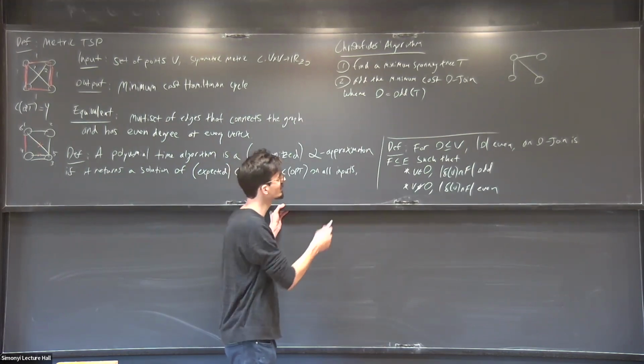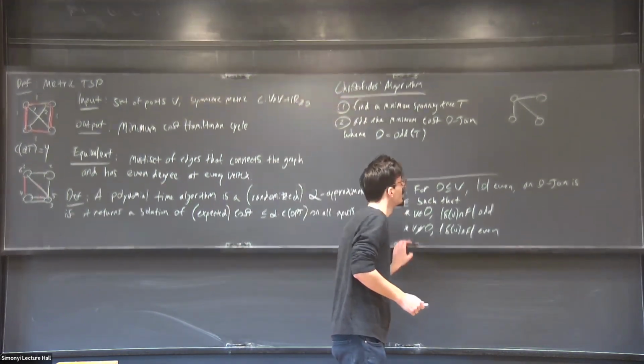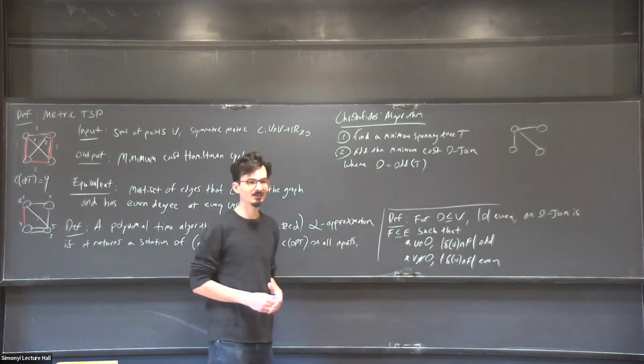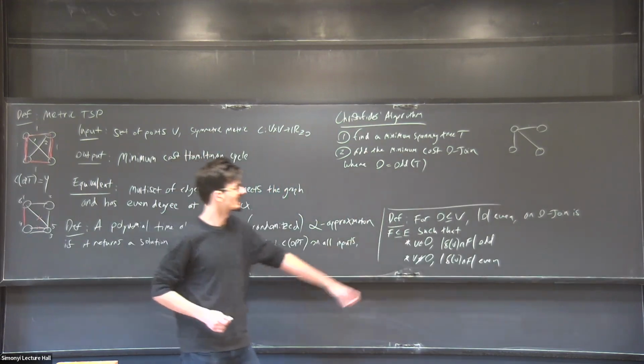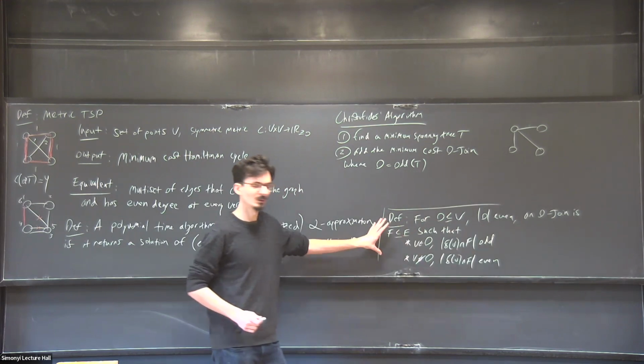And this can be computed in polynomial time. Actually, one way to do it is to find the minimum cost perfect matching between the set of vertices in O. But actually, this is a little bit more convenient for us.